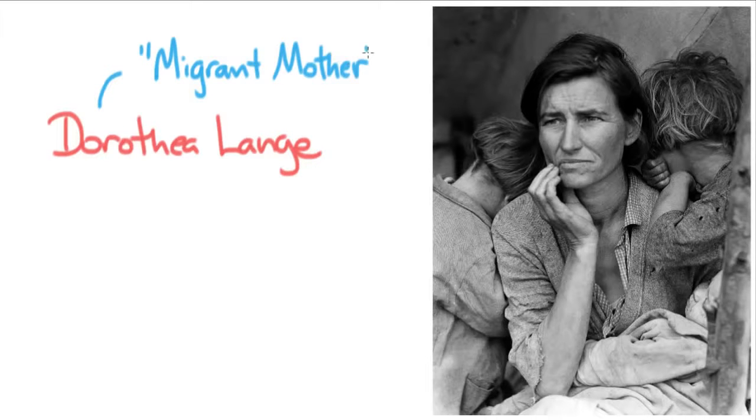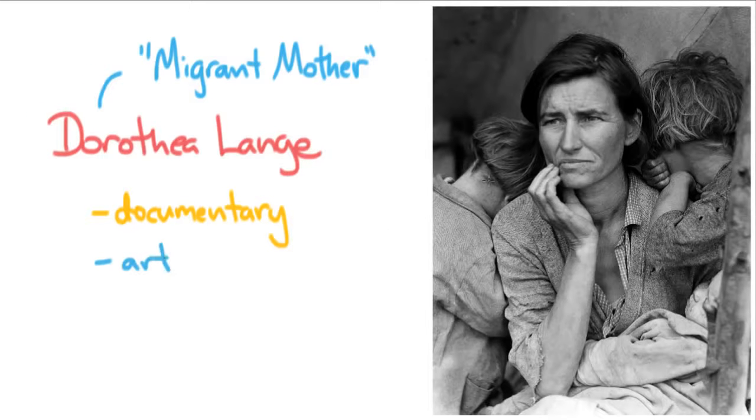Now, I'm using this photo as an example of the difference between art photography and documentary photography, because you could approach this situation in two different ways. If you are Dorothea Lange, you walk up to this woman and say, ma'am, is it all right if I follow you for a while and take some photographs of you? And then you proceed to take photographs while this woman goes about her day. If you, as a photographer, don't affect this person in any way by making them pose or do anything extra for you, if you don't tell them to sit and put their hand on their chin and look out across the prairie, then that is a documentary photograph.